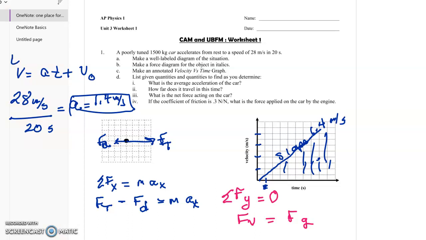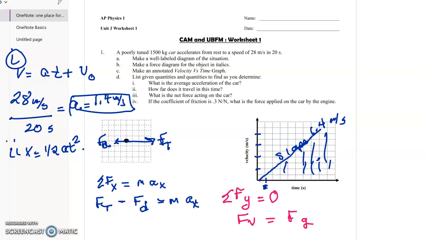So that would be what? And how far does it travel? If I had good scaling, I could just find the area under, or I can do it mathematically with X equals 1/2 AT squared plus V naught T plus X naught.